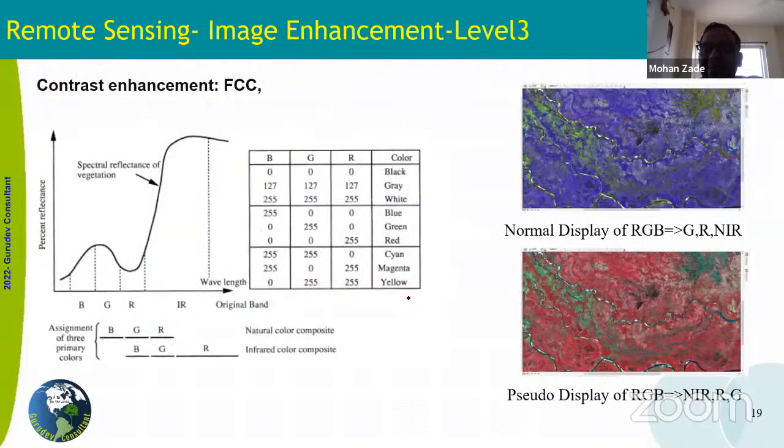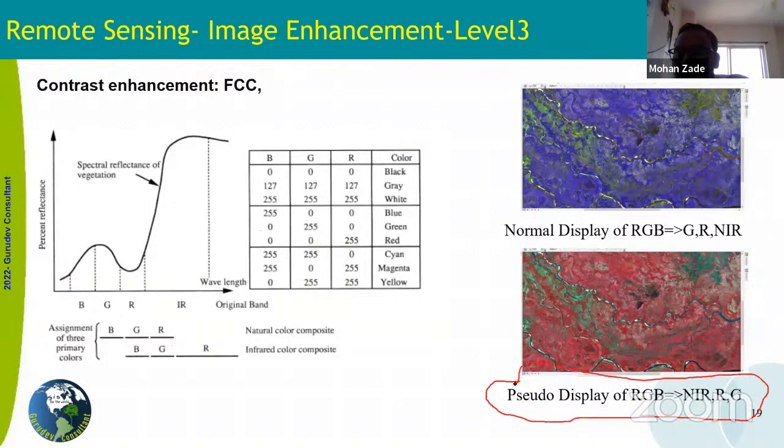Here you can see the contrast enhancement FCC. I will just tell you about the FCC here. FCC means false color composite. It is also called the pseudo display. Our computer can read and store only red, green, and blue.